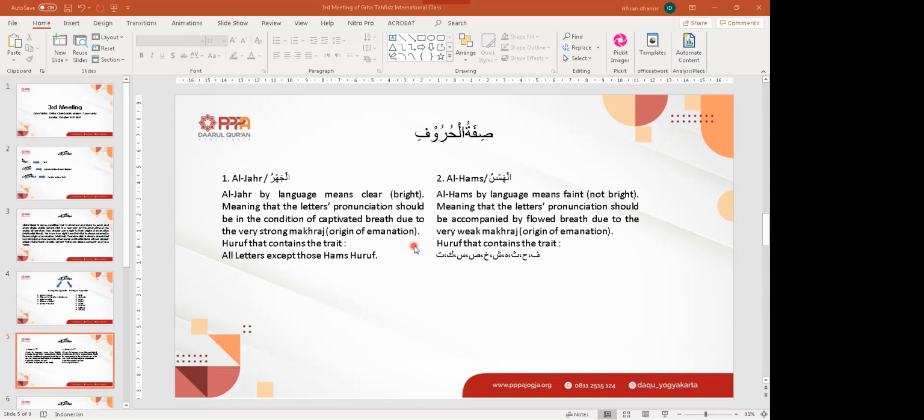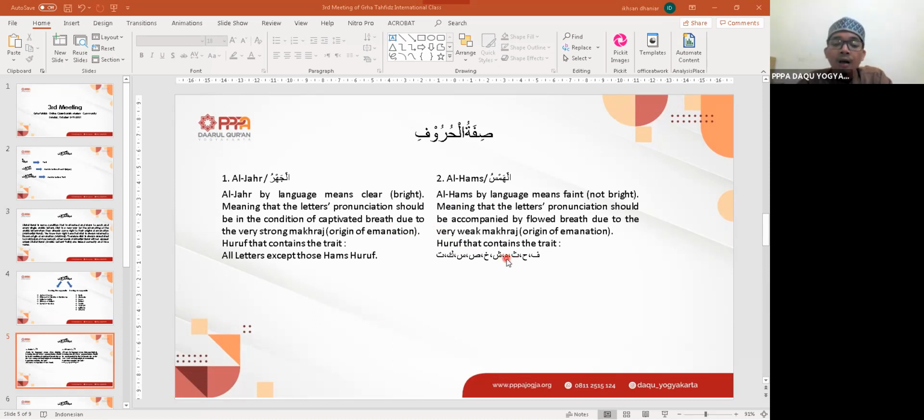So basically ha and kha, they both let your breath flow out of your mouth. While sifatul jahr does not allow your breath to flow out of your mouth. It should be captivated, because it has a very strong makhraj.